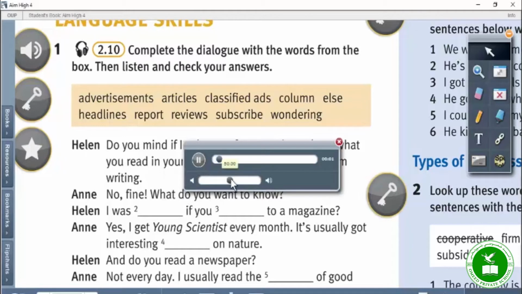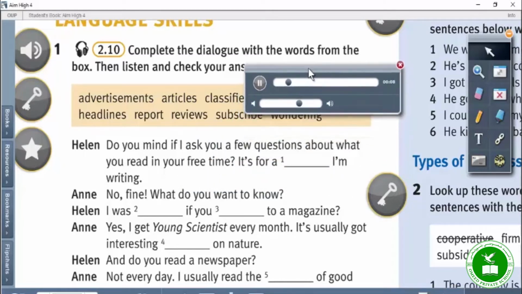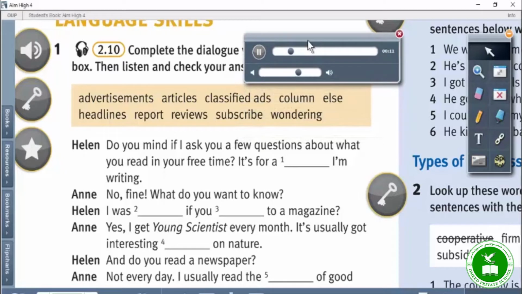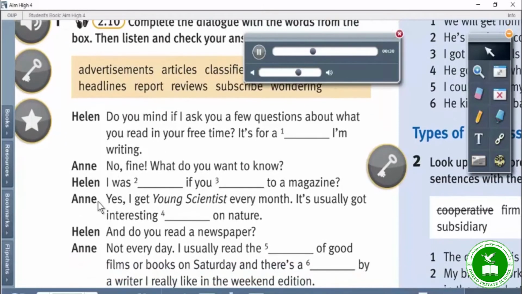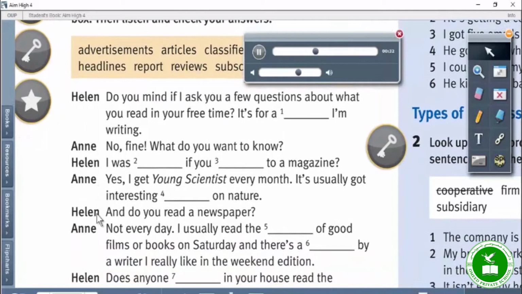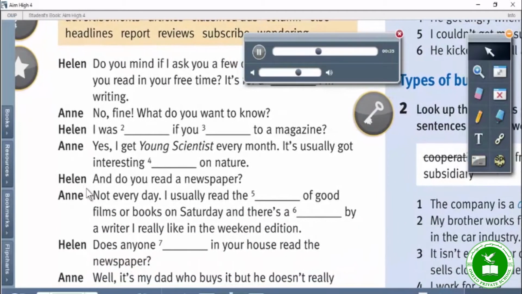Unit 6, page 55. Language skills. Exercise 1. Listen and check. Do you mind if I ask you a few questions about what you read in your free time? It's for a report I'm writing. No, fine. What do you want to know? I was wondering if you subscribe to a magazine. Yes, I get Young Scientist every month. It's usually got interesting articles on nature. And do you read a newspaper? Not every day.